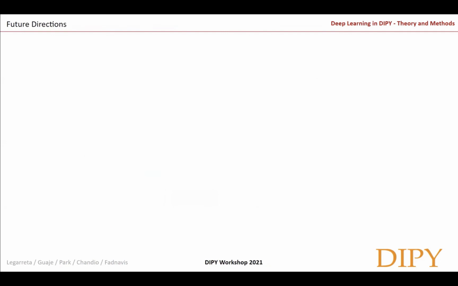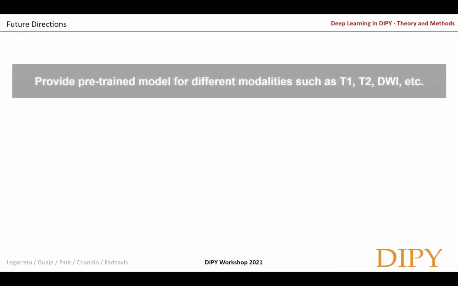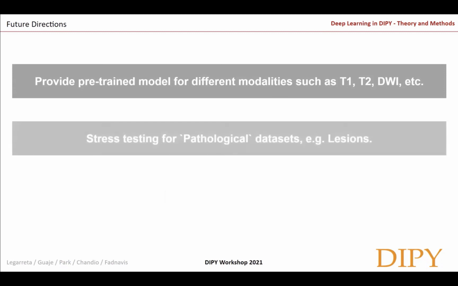So just to wrap this up, future directions: what we need to do before integrating this in DIPY is we want to provide a pre-trained model for different modalities such as T1, T2, DWI. We are testing this out daily, basically acquiring and gathering more data, training the model, testing it out.